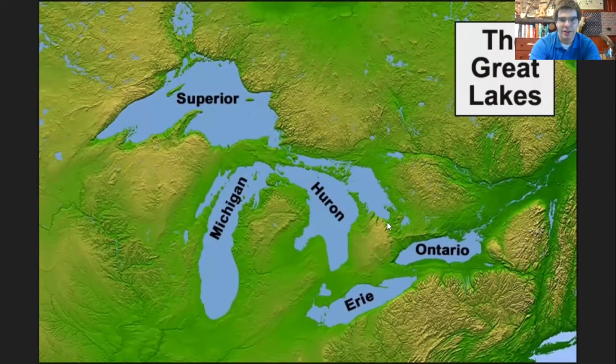This is all Ontario, Canada. The Great Lakes were all carved out by this process of glaciation. These huge glaciers from the Ice Age carved like an ice cream scoop scooping out ice cream, carving these huge lakes into North America.